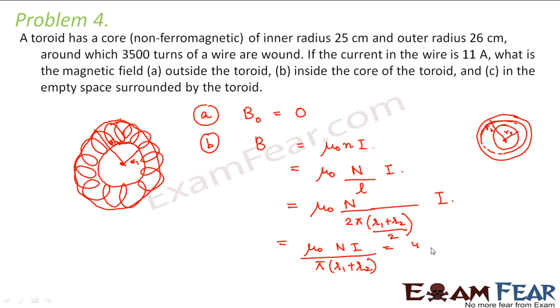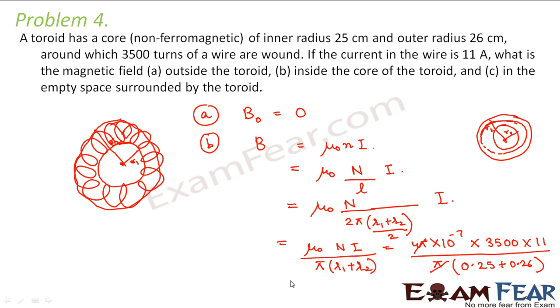So mu naught is nothing but 4 pi into 10 to the power minus 7. N is the total number of turns, that is 3500. I is the current which is 11 amperes, divided by pi into (R1 plus R2), that is 0.25 plus 0.26.